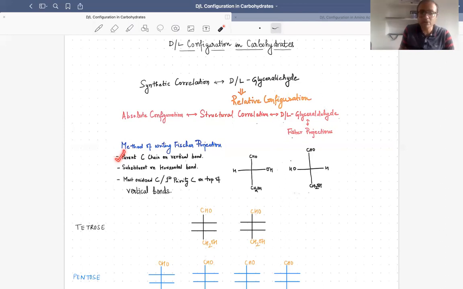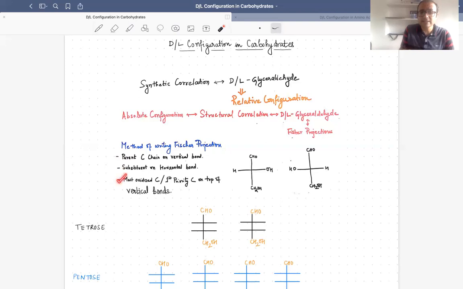An organic molecule has a parent carbon chain, and that parent carbon chain is drawn on the vertical bond of the Fischer projection. The second point is that the substituents are drawn on the horizontal bond. The substituents on each of the carbon atoms are drawn on the horizontal bond.